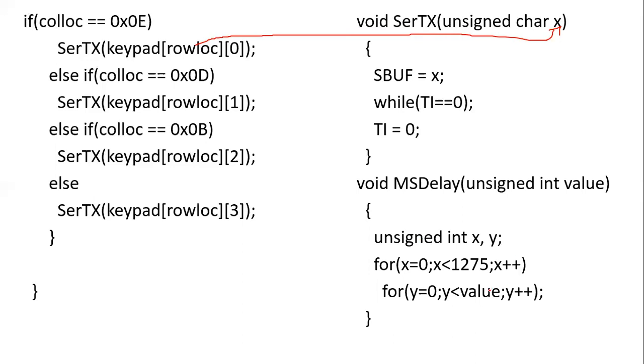If it is 1, this will generate a delay of 1 millisecond, and if we pass 20, it will generate a delay of 20 milliseconds, which is basically used for a debounce operation. To nullify the debounce time period, we need at least 20 milliseconds. Okay. Hope you understood this program.